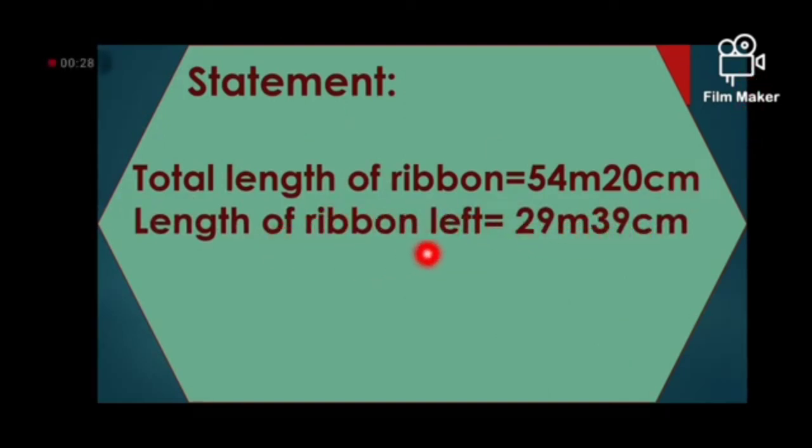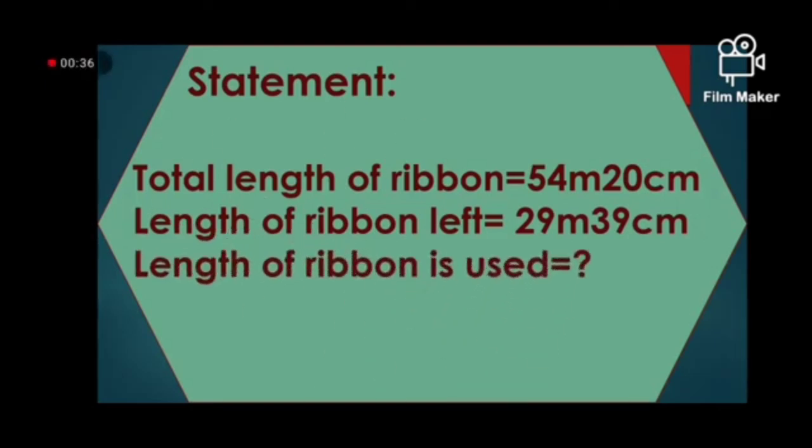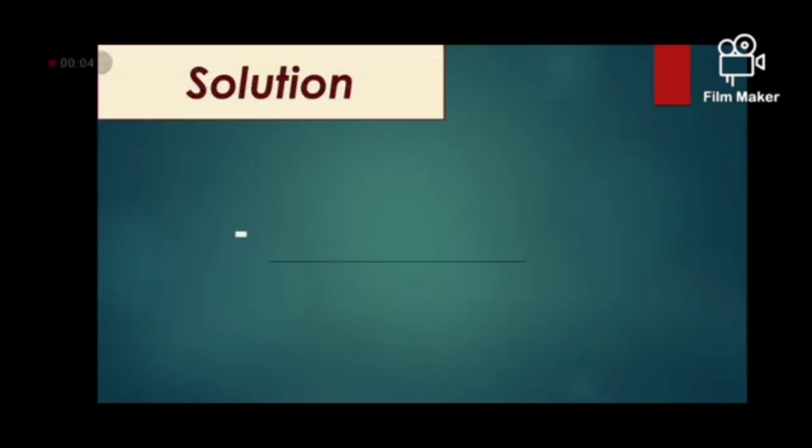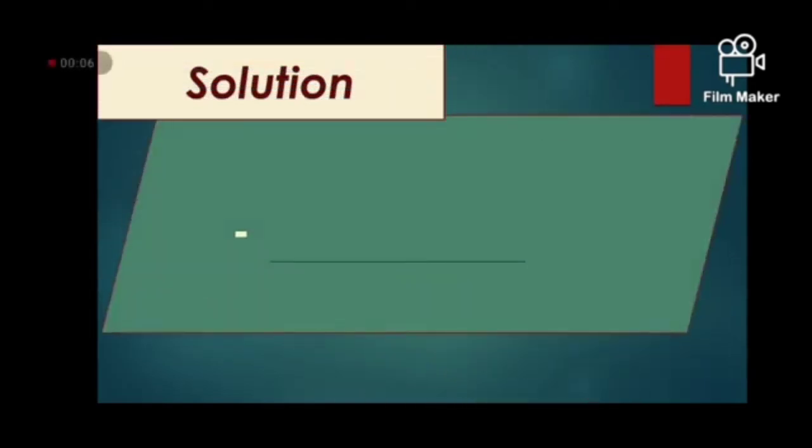Now we have to find the ribbon which is used by Rabia to make the flowers. So the length of the ribbon used is equal to question mark, and the operation in this sum is subtraction or minus.